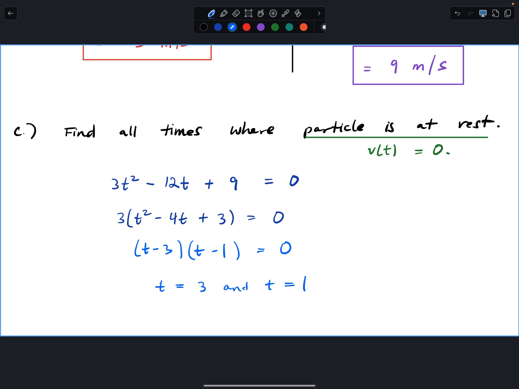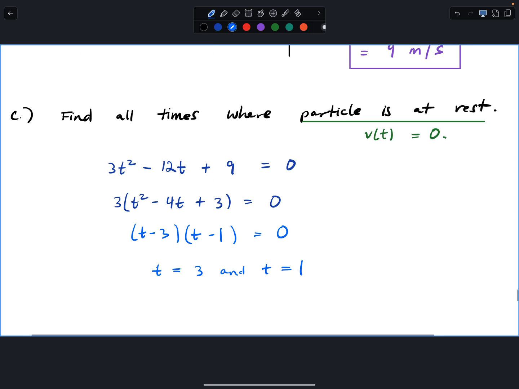What if you got a negative answer? Can time be negative? No. So if you get a negative answer in this case, you just ignore it, because unless you guys have a time machine, let me know, because I want to make some money too. We cannot have negative time.